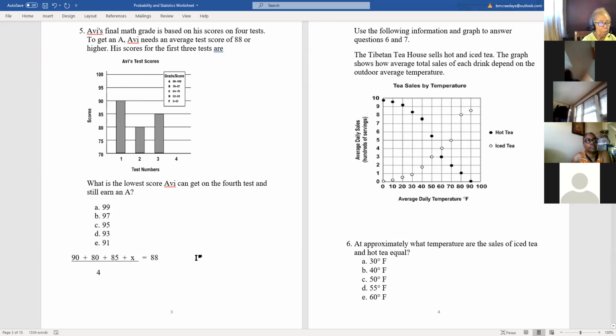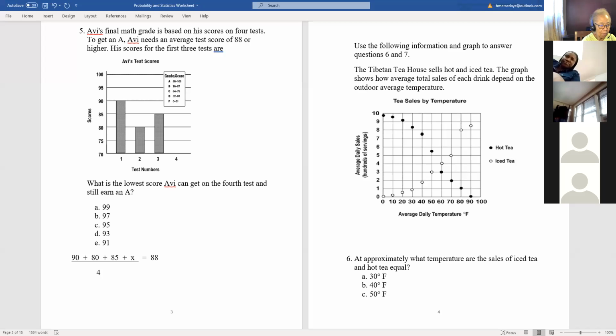Okay, so, Michelle, how do we solve for X? What do we do first? We want to solve for X. What's the first thing we do here? Maureen, I'm looking at this equation.